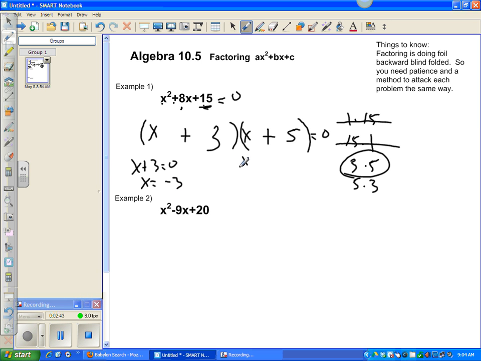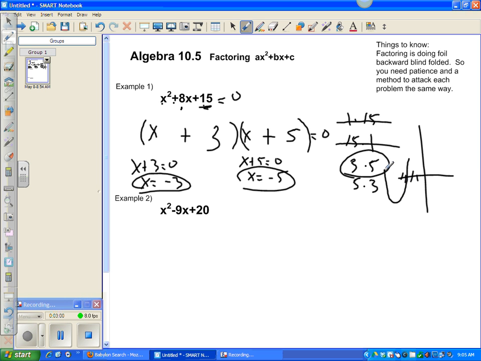And in this case, x plus 5 is equal to 0, and x is equal to negative 5. So my x's, or my roots, or where the parabola crosses, are negative 3 and negative 5.